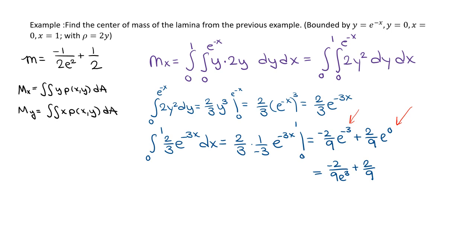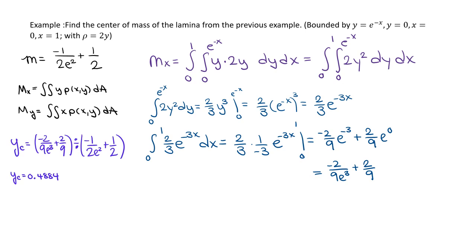I can put this in a calculator if I want. I'm just going to rewrite it as negative 2 over 9 e to the third, and then e to the 0 is 1, so plus 2/9. So this is my moment of mass with respect to the x-axis.